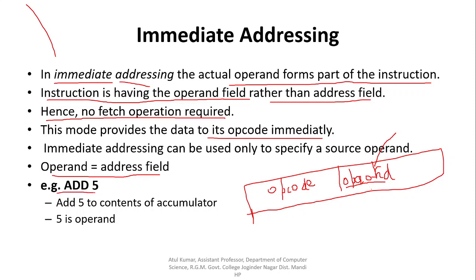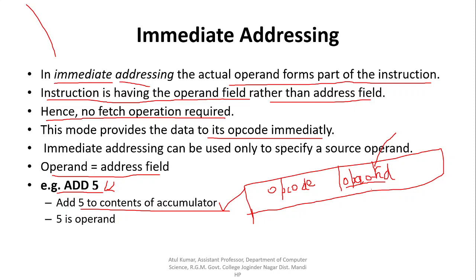This is an example of immediate addressing mode: ADD 5. As the name suggests, add means to add, and 5 is the operand that is to be added. There is no other register or memory in this instruction. This means 5 is added to the content of the accumulator. In this kind of instruction, where the operand is already present in the instruction, we use the accumulator register.